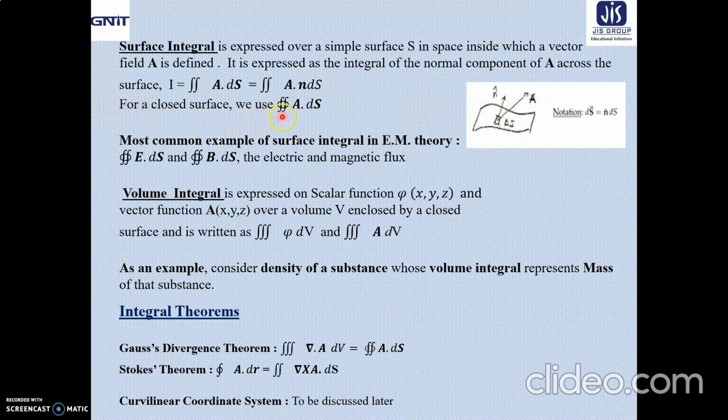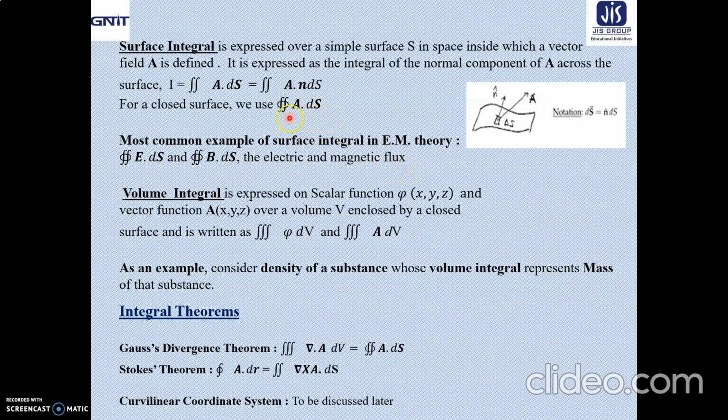For a closed surface, you can use the closed double integration of A dot dS. In place of the double integration, you can use a single integration with S, meaning the surface. Now, the most common examples of surface integrals in electromagnetic theory are the closed surface integrals of E dot dS and B dot dS, the so-called electric and magnetic flux.